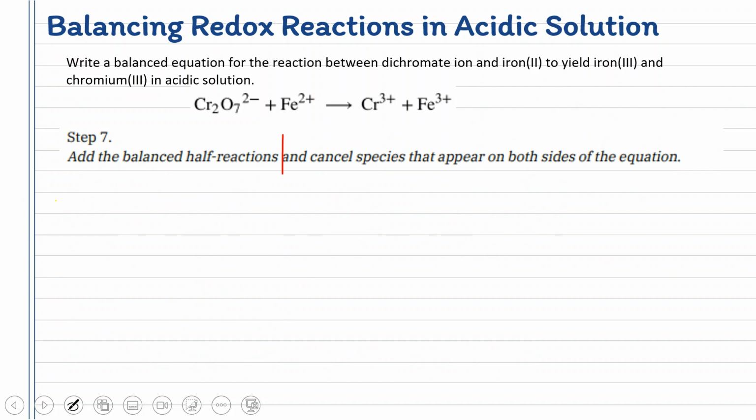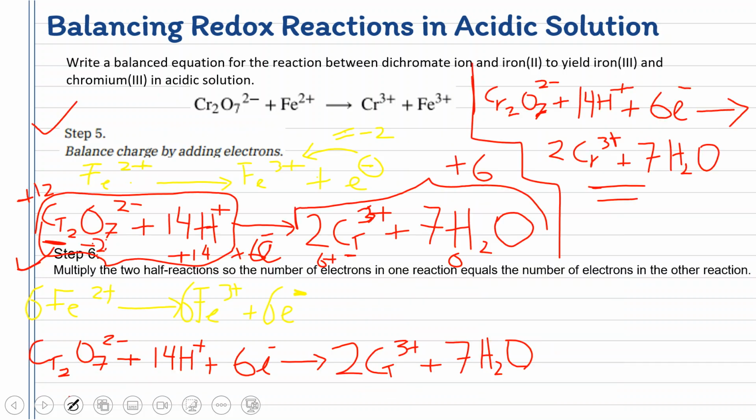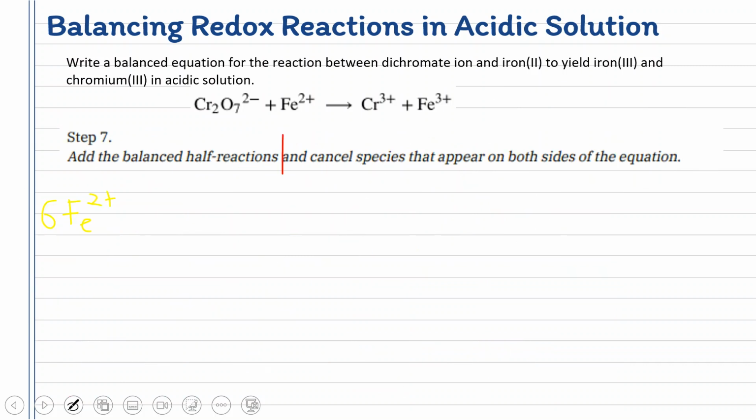Plus Cr2O7, that's the red ones. I'm writing the red ones.